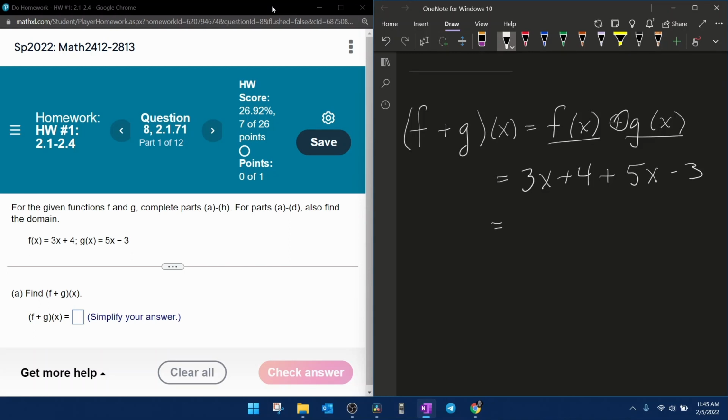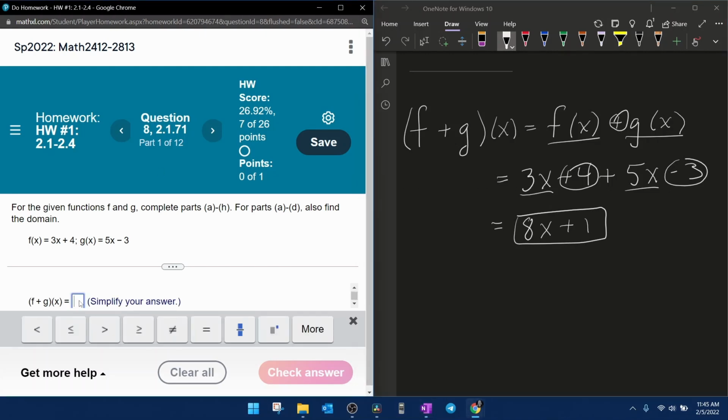And then we're simply going to add like terms. To add f and g, you simply CLT. You're going to combine like terms. 5 and 3 is 8x. 4 minus 3 is 1, and we're done. Let's see if we're right. F plus g of x, 8x plus 1.